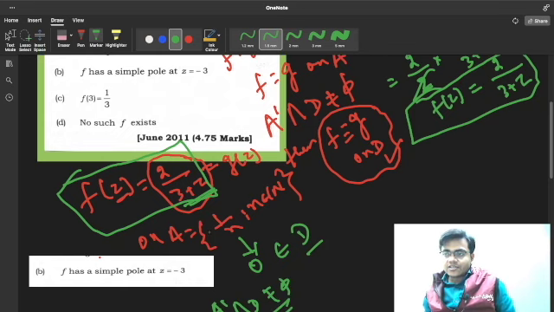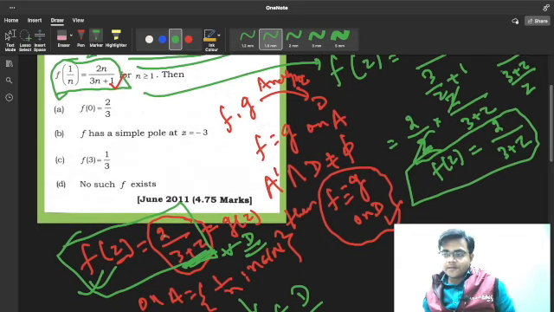So by the identity theorem, these two will be equal to each other on the whole domain, isn't it? And that's why we take f of z is equal to 2 by 3 plus z as our function for the domain D. So in place of z, if you put 0, it becomes 2 by 3. So f of 0 is equal to 2 by 3.